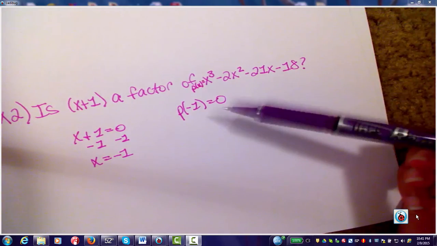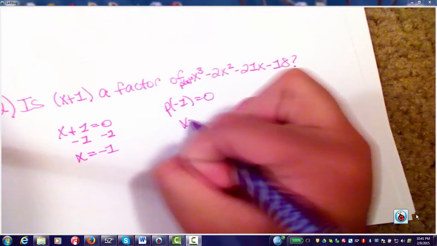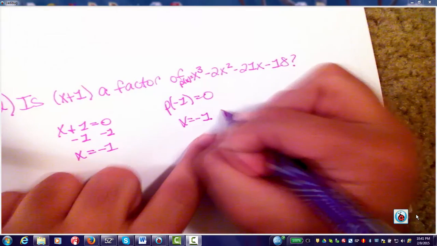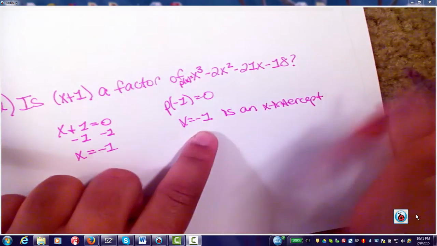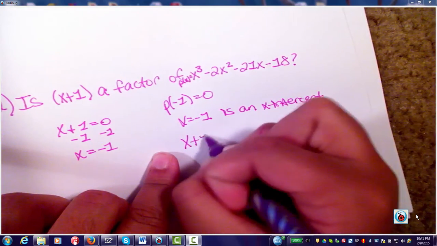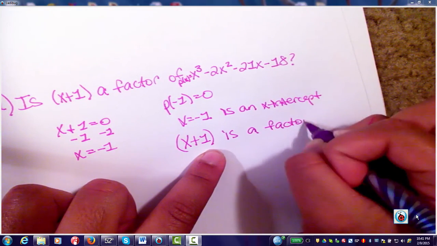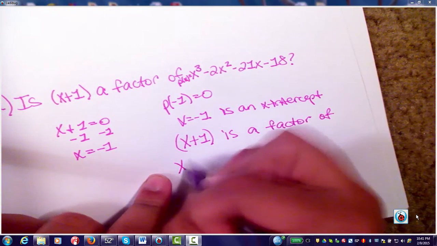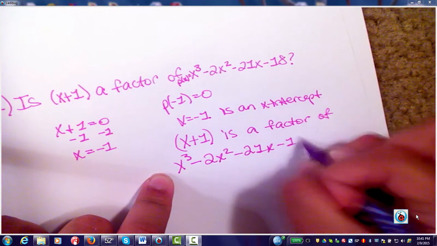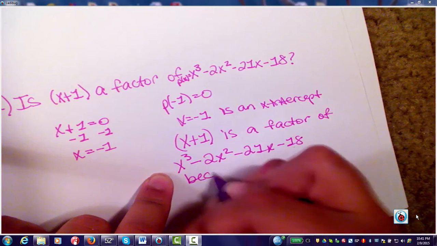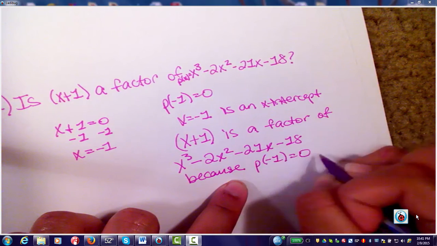So x equals -1 is an x-intercept, which means that x plus 1 is a factor of x cubed minus 2x squared minus 21x minus 18, because p of -1 equals 0.